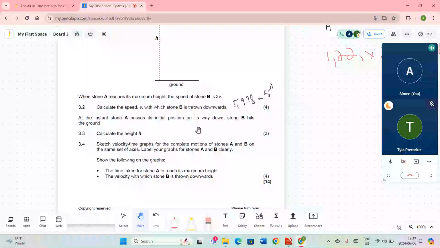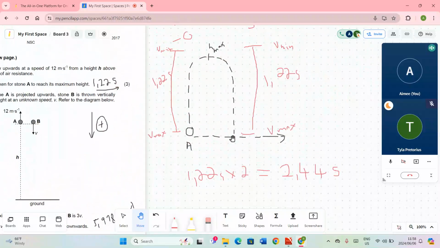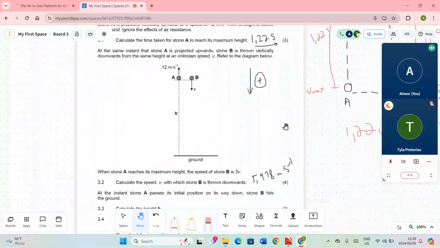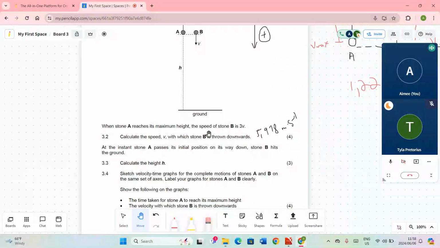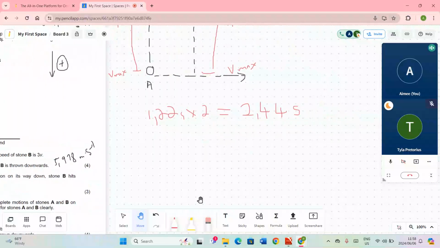And they are saying that the same amount of time that it took stone A to come back down to its initial position, which was 2.44, is the same amount of time with which it took stone B to reach the ground. So calculating height H is now pretty easy.